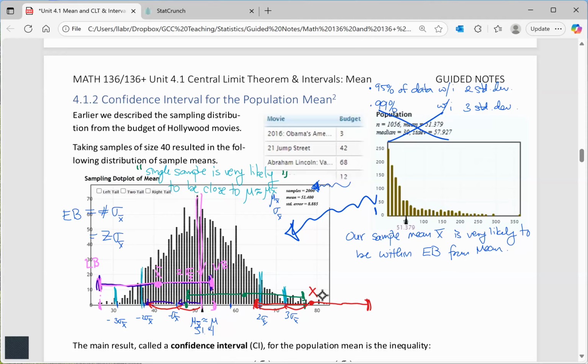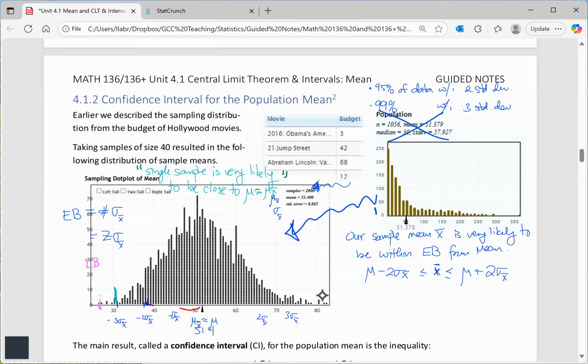And so what that tells me is that my sample, X bar, has to be between the true center mu, and I'm going to add, for example, 2 standard deviations. And it would be the same thing as if I went from the center minus 2 standard deviations. So let me sketch that. So what exactly does this mean?